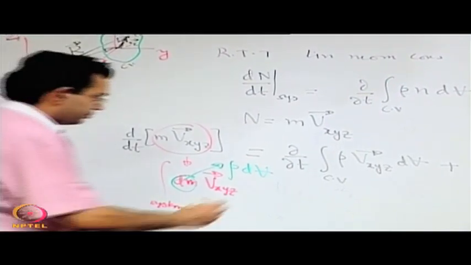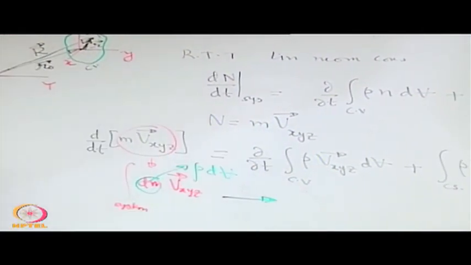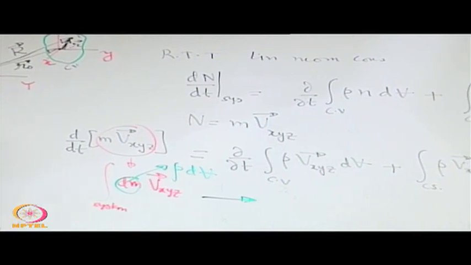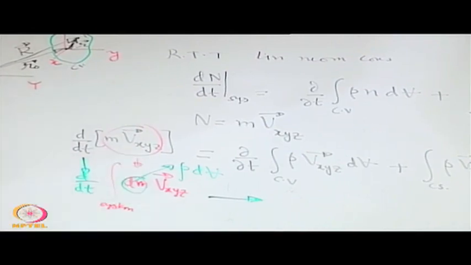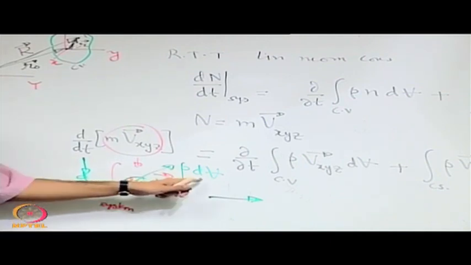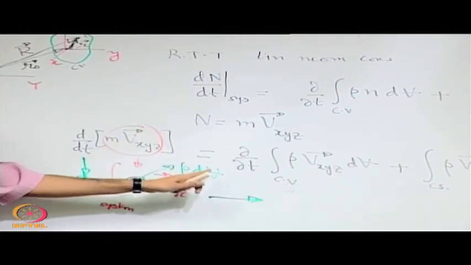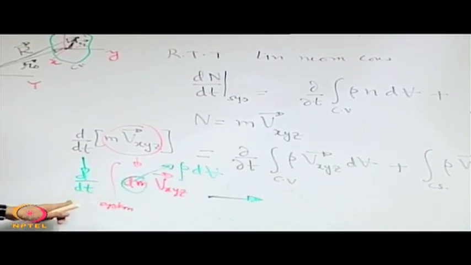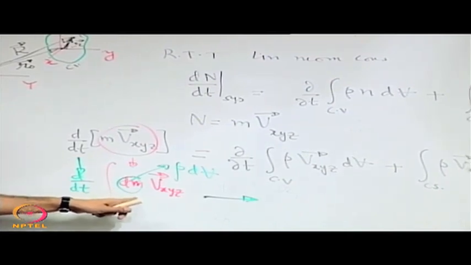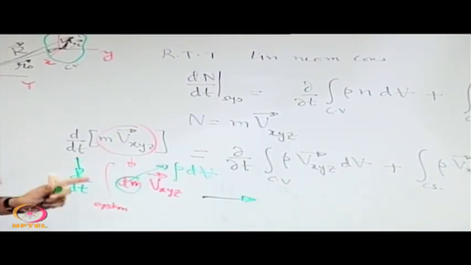Next step, so if we put the d/dt outside, then you have the d/dt also. Next step, can we put the d/dt inside? Yes or no? We have discussed these things earlier. See, what is the variable with respect to which integration is done? Volume. So if that volume is not a function of time, then we may put it inside the integral without requiring to put any correction terms.